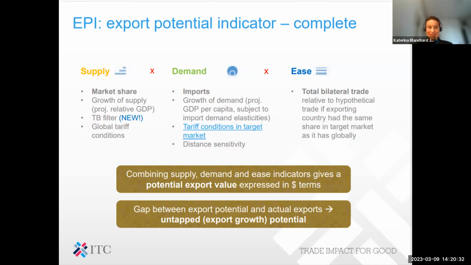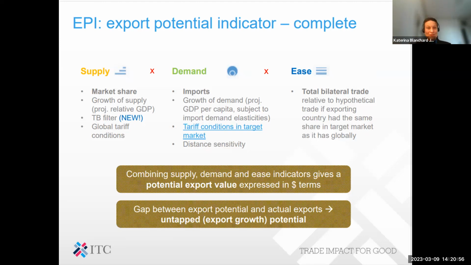The third indicator, the ease of trade, would compare the ease of trade between our exporting country and the target country with the average. So is, for example, for Peru, easier to trade with Colombia than on a global average or not?